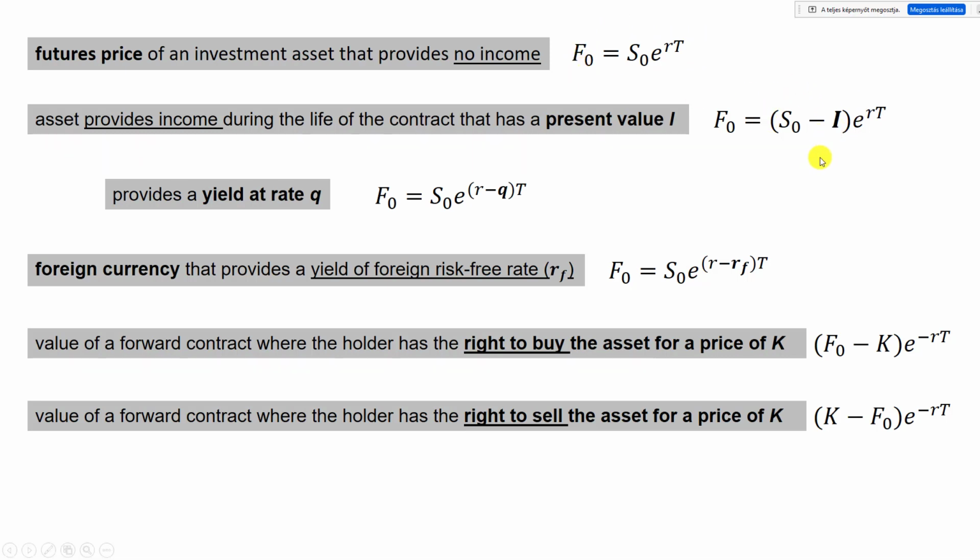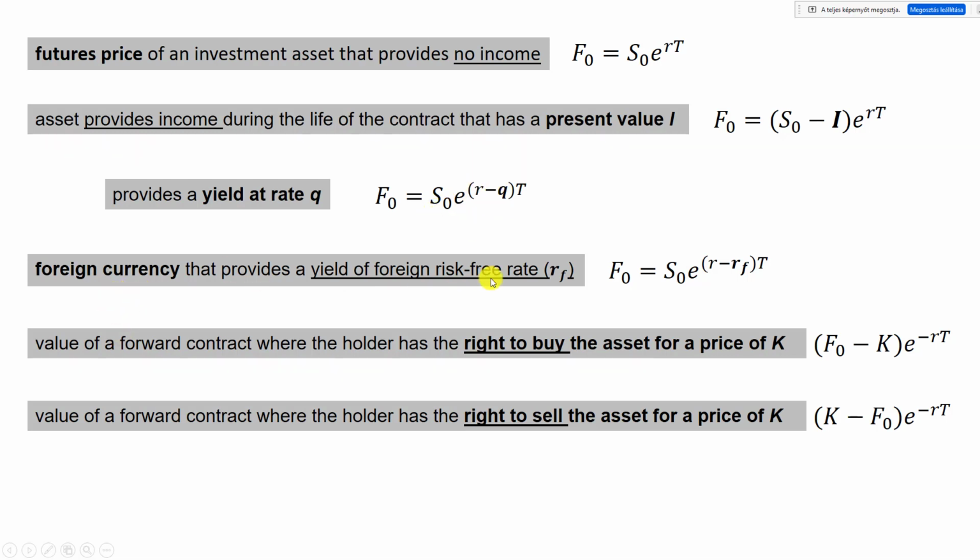And if we have any kind of income on this business, then we have to modify it with this number I. And if we have some yields, or sometimes it will be dividends in the different tasks or examples, then it's the same thing, just with the minus Q, which can also be familiar to us, because if it was a growing perpetuity or a growing annuity, we had a similar solution in corporate finance.